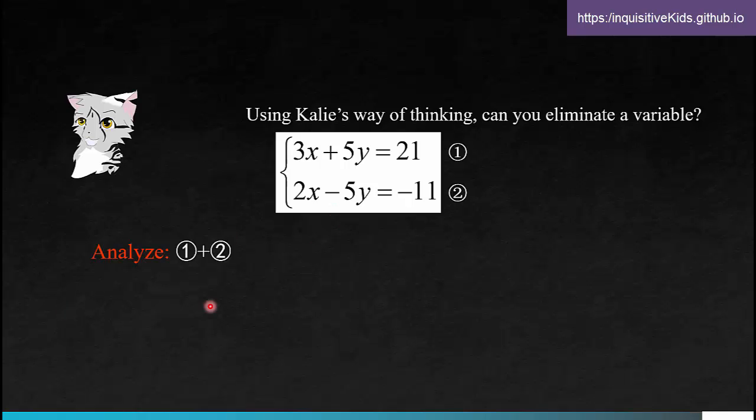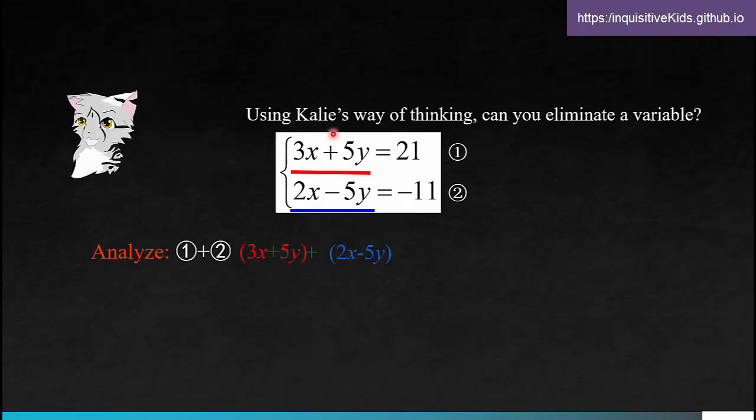Analyze. Another important part of why we have to call this equation 1 and this equation number 2 is we can organize our thinking. When we add these two equations together, you can write equation 1 plus equation number 2. So this right here is 3x + y. This here, underlined in blue, is 2x - 5y. So we're adding these together.